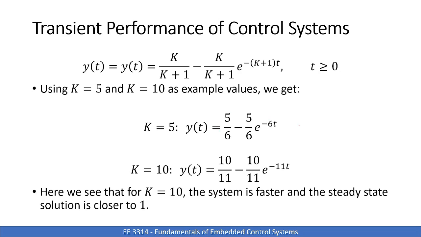So even though we're stepping the input, or the command, from 0 to 1, the output is actually going to be 0.83, right? And here we're going to be 10/11ths, which is probably 0.91, something like that. So you can see that k has an impact on our final value.